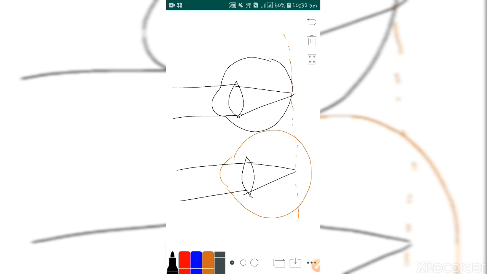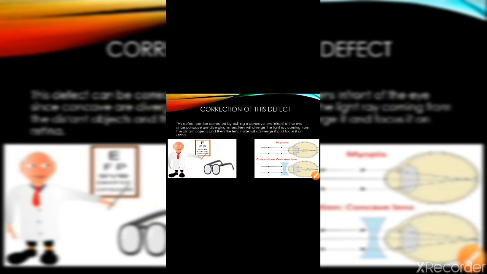There can be certain corrections for the myopic eyes. And how do we correct this defect? This defect can be corrected by using a concave lens in front of our natural crystalline lens, that we use in our spectacles.